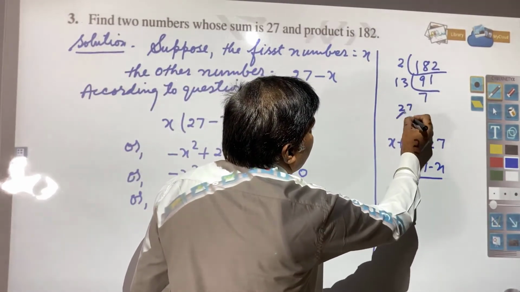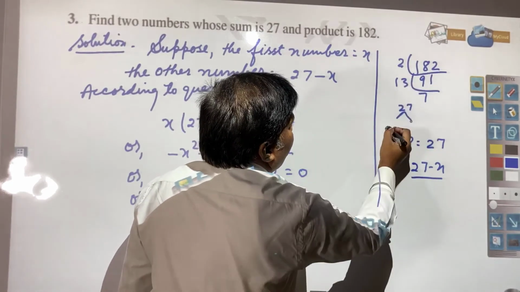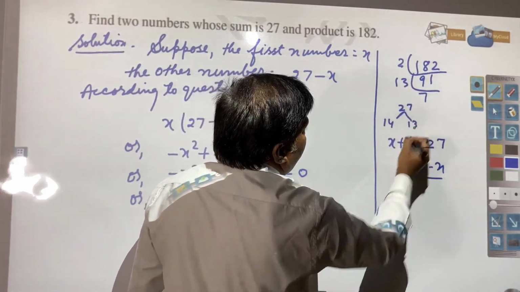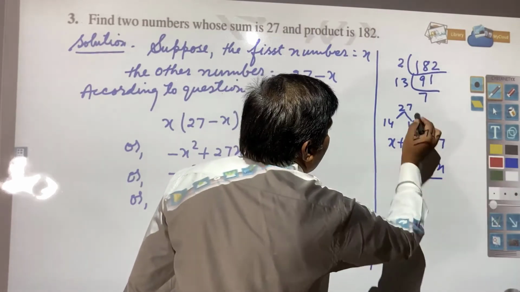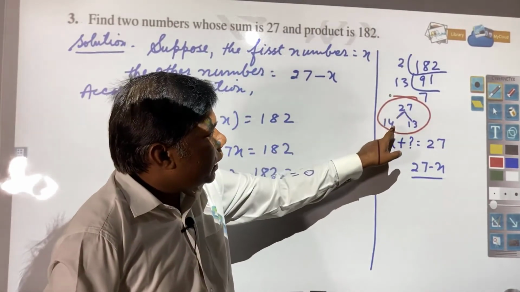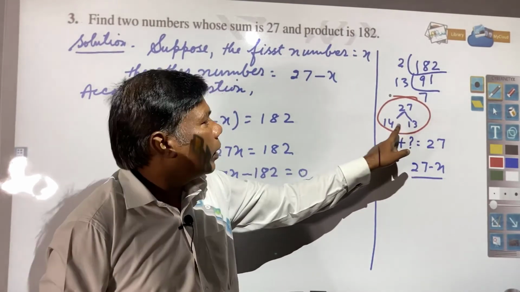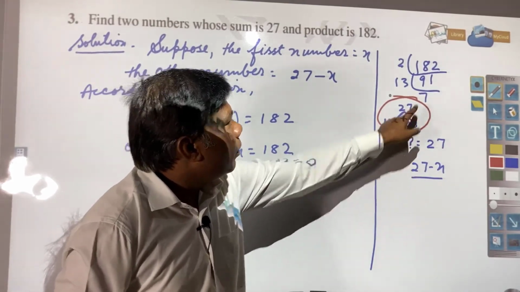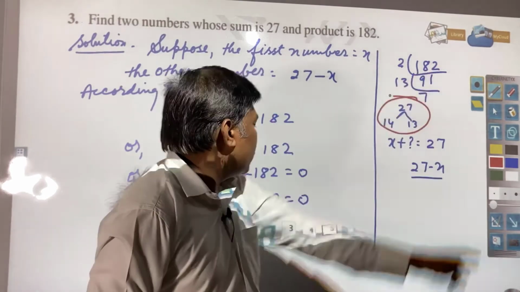27 can be split as 14 and 13. If you are adding these, you will get 27. If you are multiplying these, you will get 182.